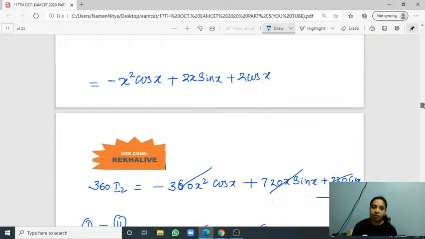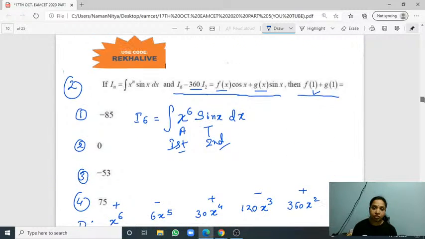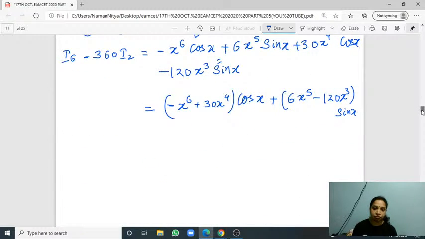So when I am comparing this with the given question, check it out. This is equal to f of x cos x plus g of x sin x. So whatever the coefficient of cos x, that will be your f of x, and the coefficient of sin x will be g of x. Then I got my f of x and g of x functions.